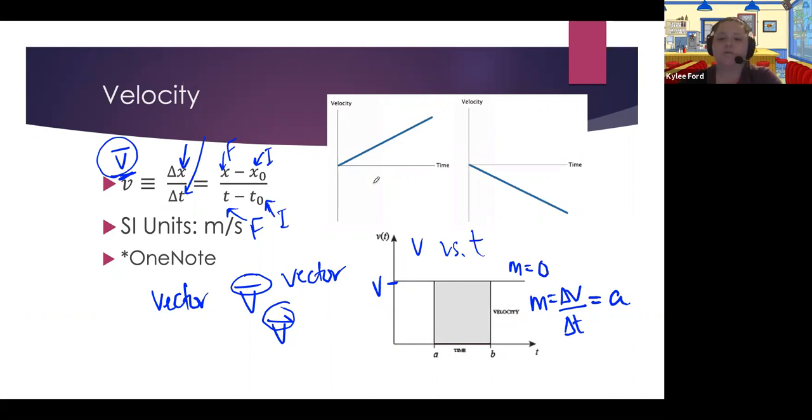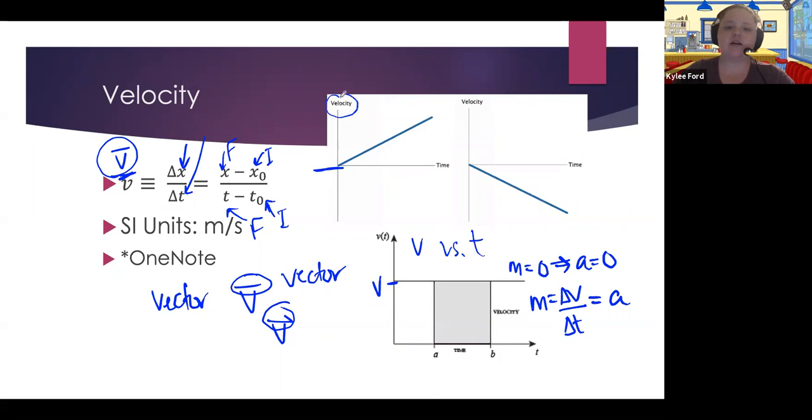So we can look at these other graphs as well. Here our velocity is constant, meaning our slope is 0. This implies that our acceleration is 0. And here's a couple more examples. Now, let me extend this axis here.